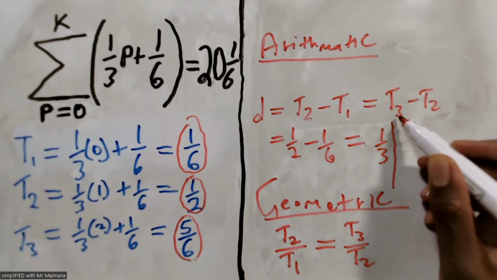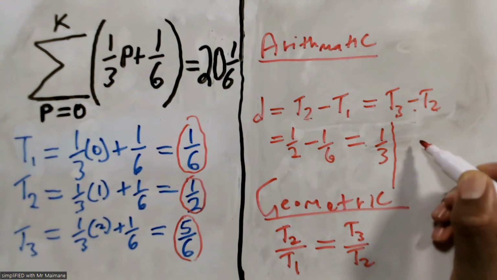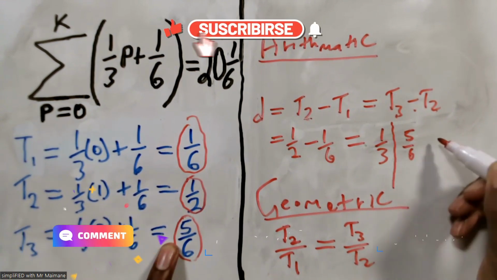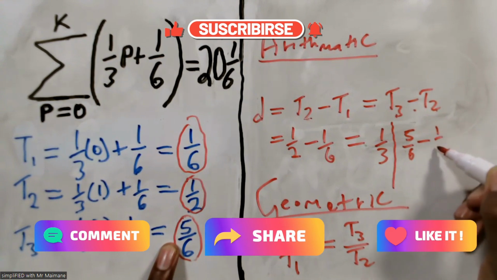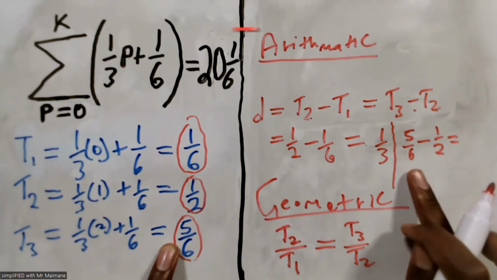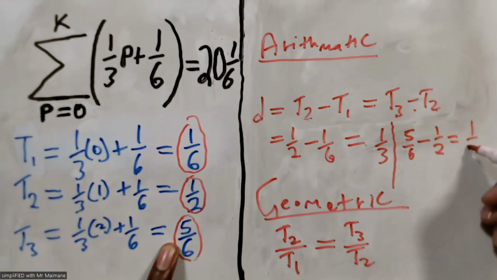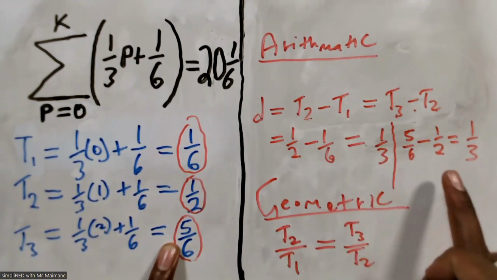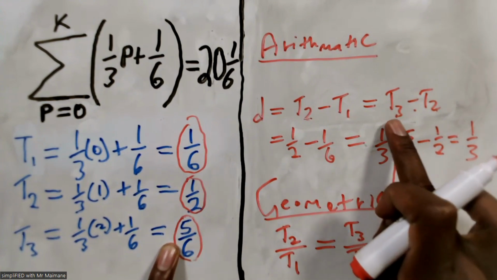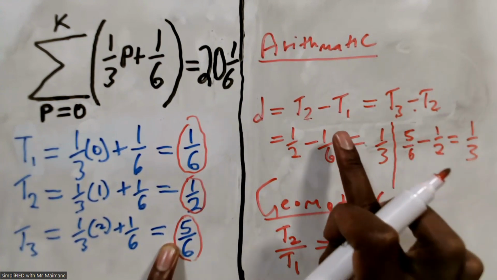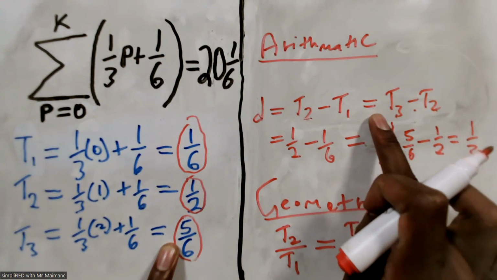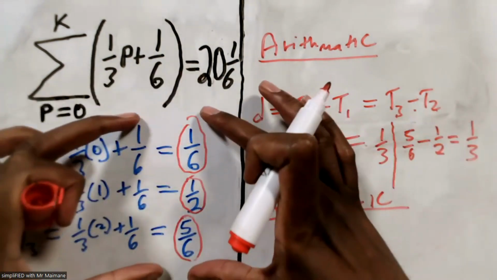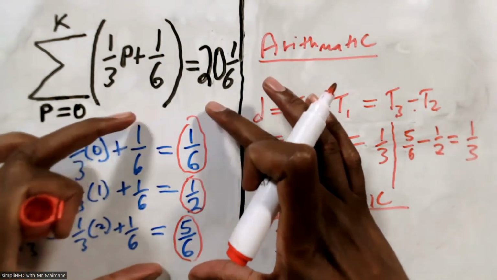Same applies when I say T3 minus T2. It's going to be 5 over 6 minus 1 over 2. When I simplify this, I get 1 over 3 again, which means it is correct. T2 minus T1 is 1 over 3 and T3 minus T2 is 1 over 3, meaning T2 minus T1 is indeed equal to T3 minus T2. And then I can conclude that this is an arithmetic sequence.